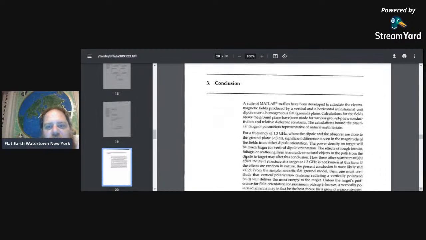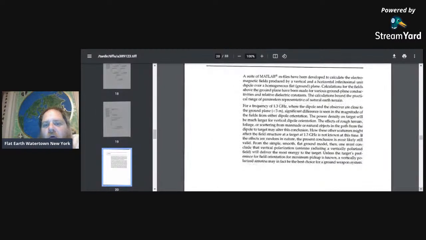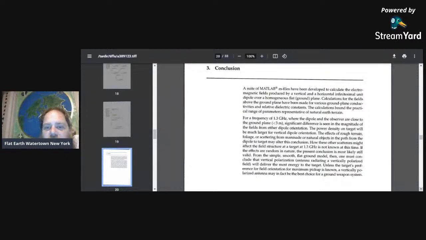And let's go down to the conclusion. Right here, let's read this first paragraph. A suite of MATLAB M-files have been developed to calculate the electromagnetic fields produced by vertical and horizontal infinitesimal unit dipole over a homogeneous flat ground plane. What? Says it right there. A flat ground plane.